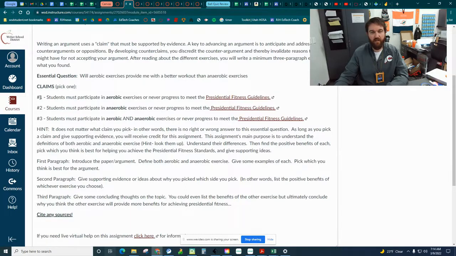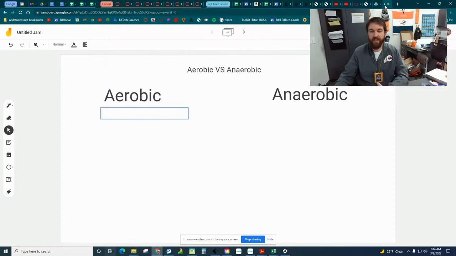Number 1, number 2, number 3. And what we're kind of debating and arguing is aerobic versus anaerobic exercises. But it doesn't matter what side you pick as long as you can defend that side. So what I wanted to go through and look at is, what is anaerobic versus aerobic exercise?